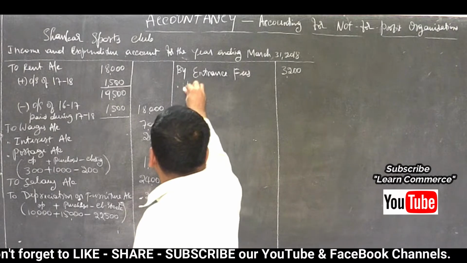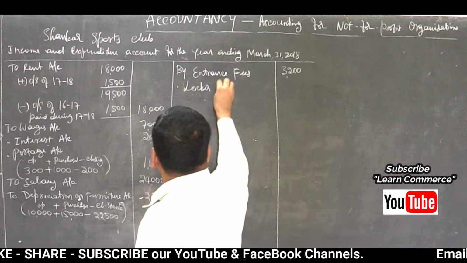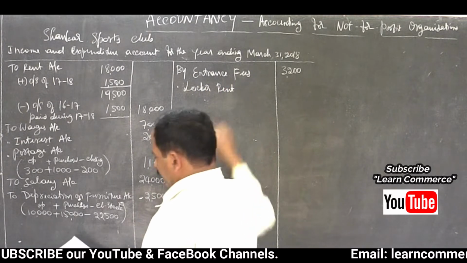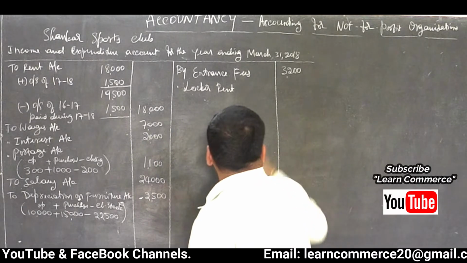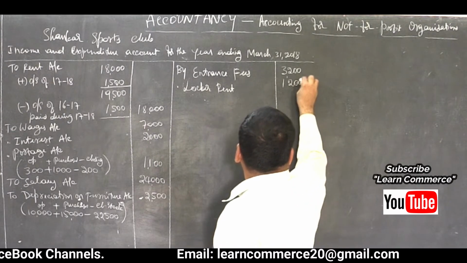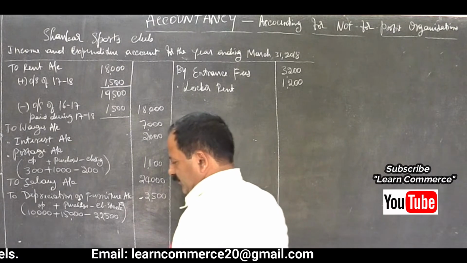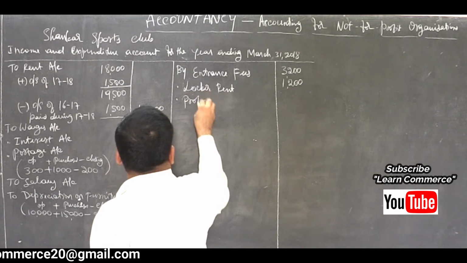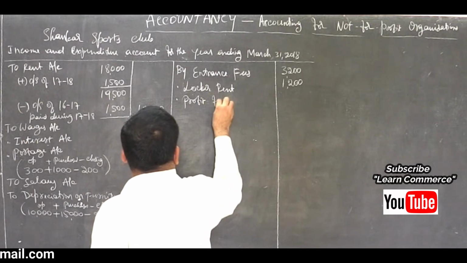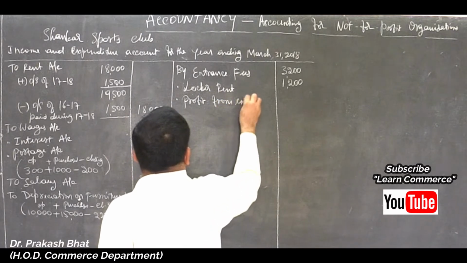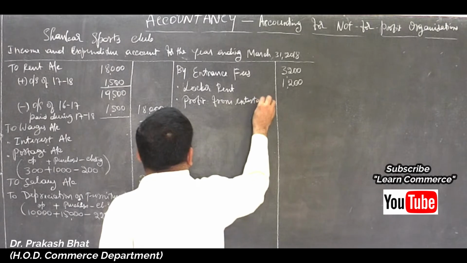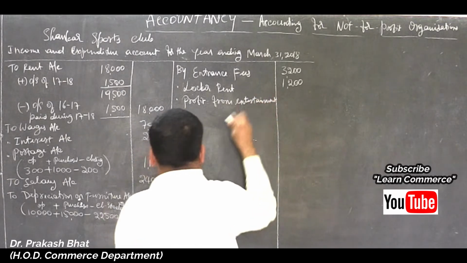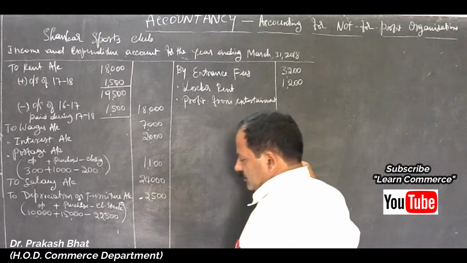Locker rent 1,200. Profit from entertainment, how much? 3,000.